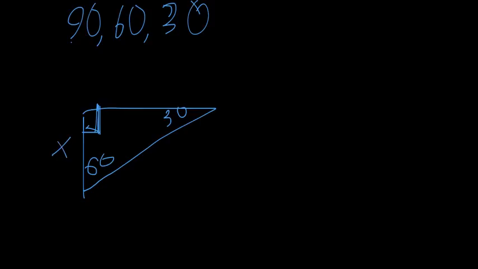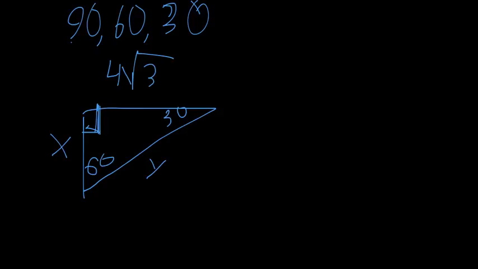So we're going to find x and y. Now, the thing is, we have to know the other variable, or it's impossible. Well, we do know the other variable, and it's 4 times the square root of 3.